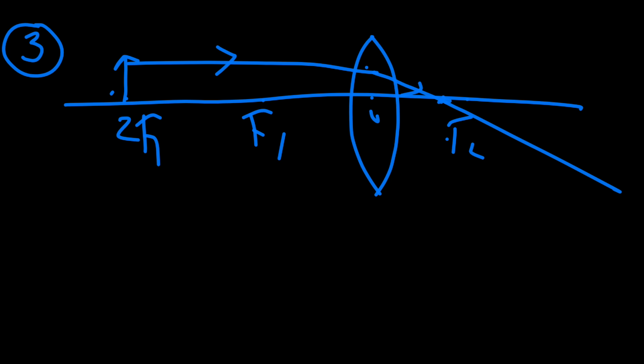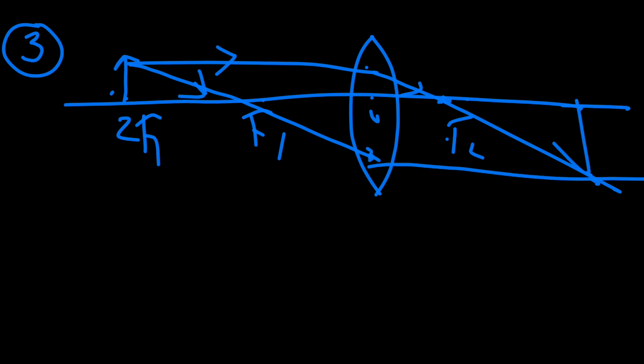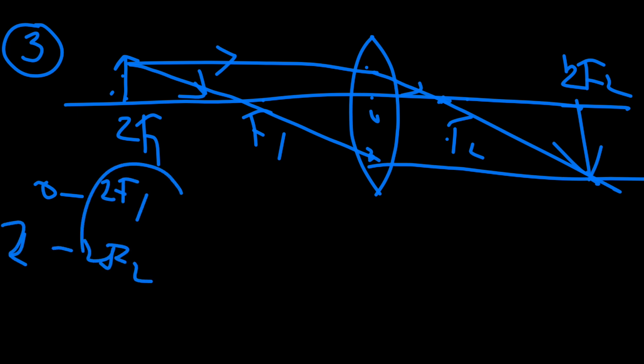When a light ray passes through the focus, after refraction, they both meet at one point over here, and this is 2F2. So object at 2F1, image at 2F2, just like the concave mirror: if the object is at the center of curvature, the image is also at the center of curvature.